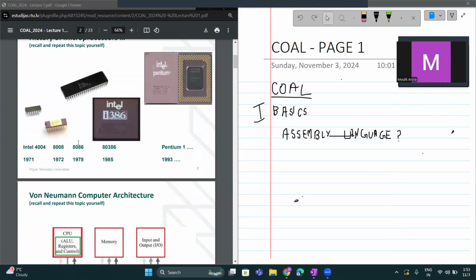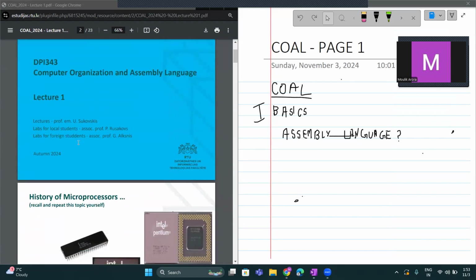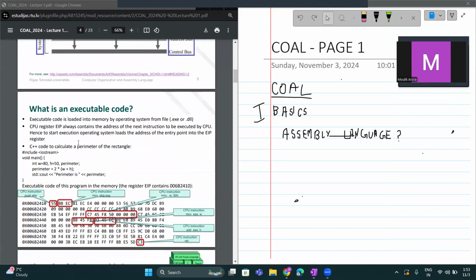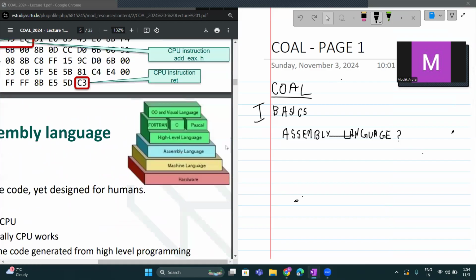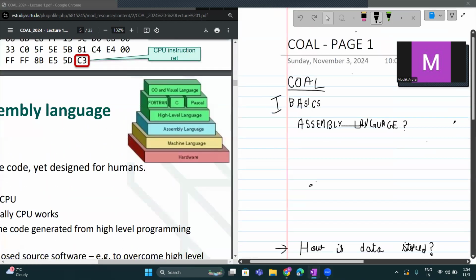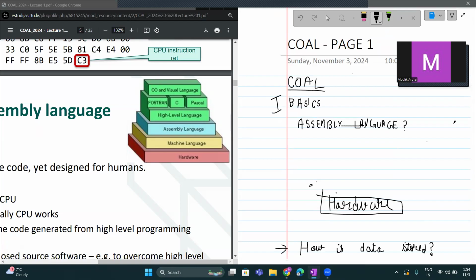Okay, so let's begin. First of all, what is an assembly language? You can see in this picture, first of all there is hardware. Above the hardware, there is machine language.